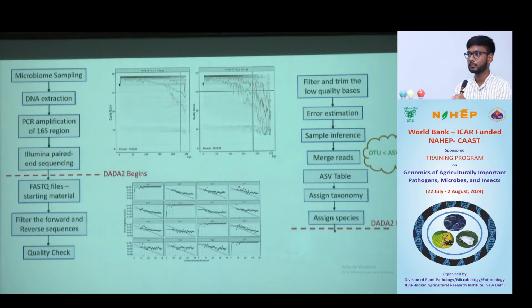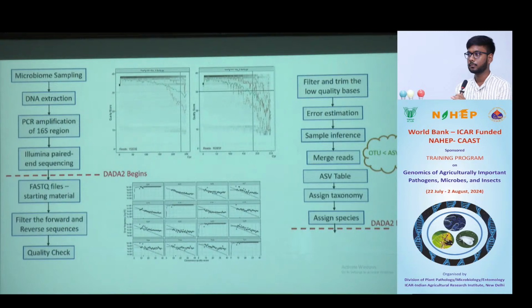Before the ASV table, there was a concept called OTU, operational taxonomic unit. What is an operational taxonomic unit? It is based on sequence similarity. If many sequences have more than 97% similarity, they are considered the same group.